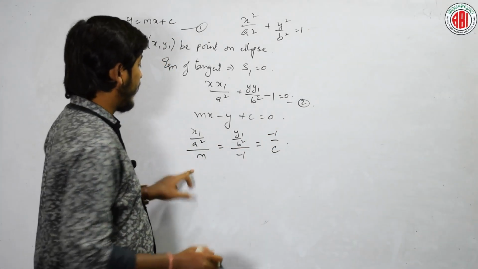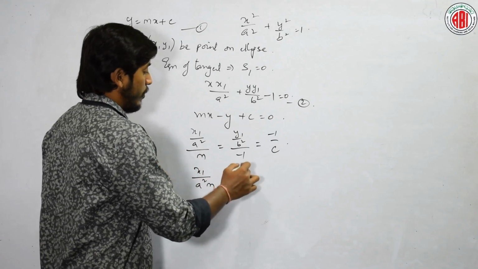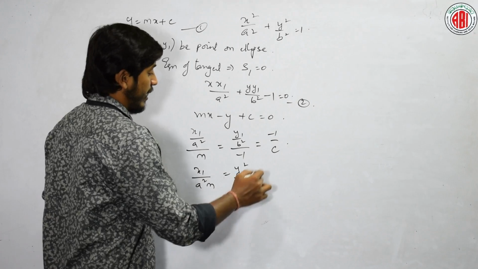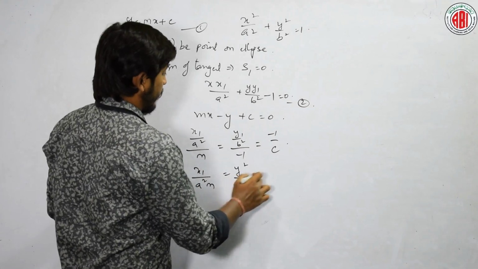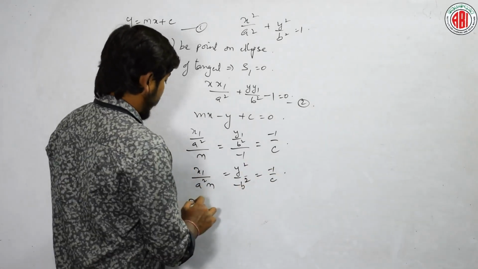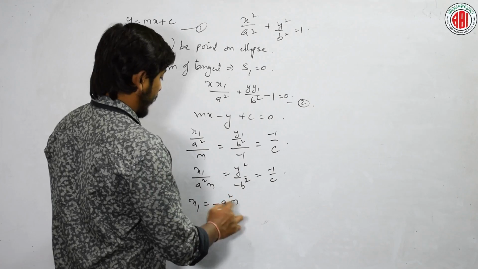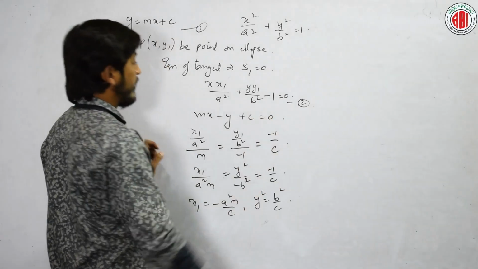So, what do we get here? x1 by a square m, y1 by minus b square, and here minus 1 by c. Now, let us equate. I will get x1 as minus a square m by c, y1 as b square by c.